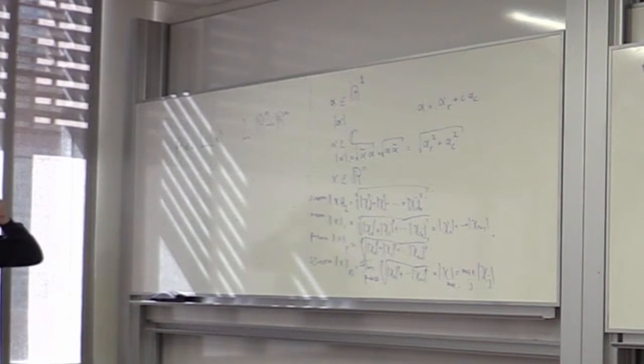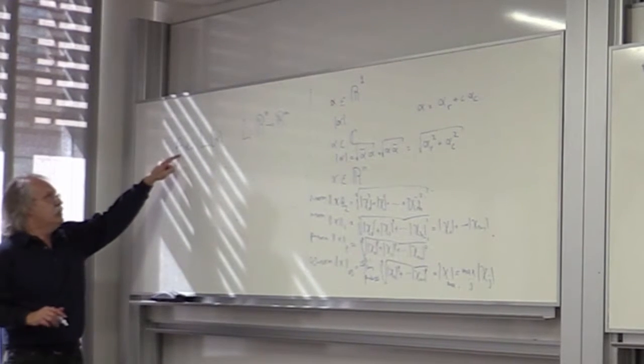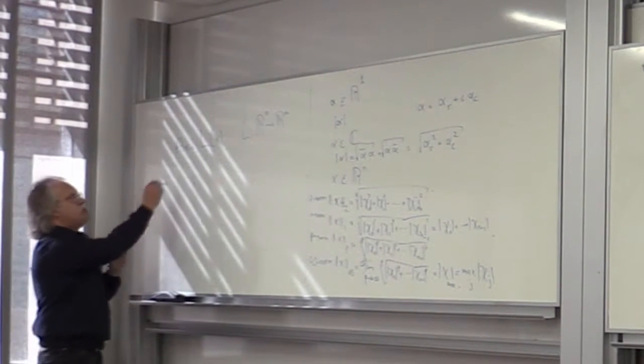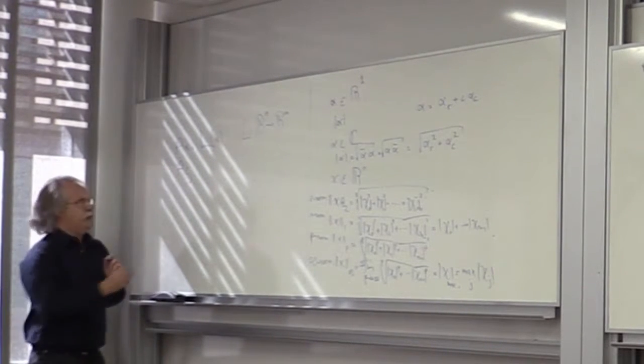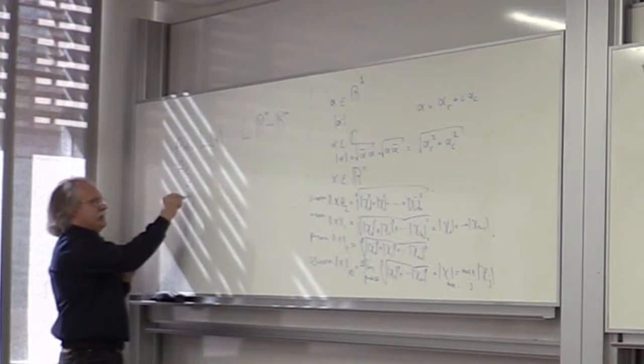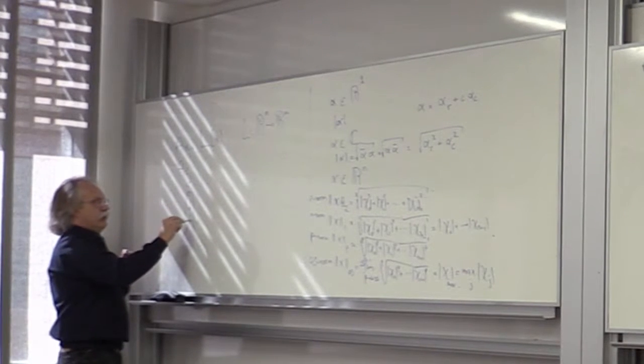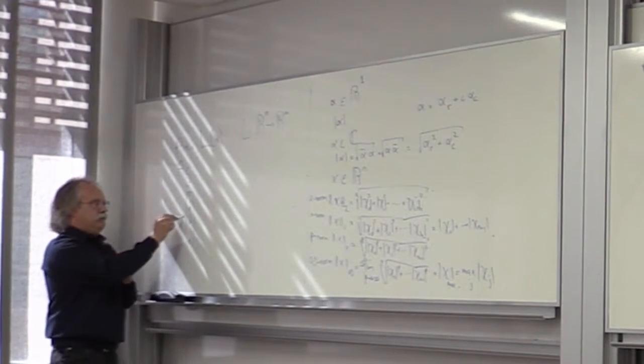Essentially what happens is that a column of A, what happens if you do A times the jth unit basis vector? This is the vector that has all zeros and then a 1 in the jth position.